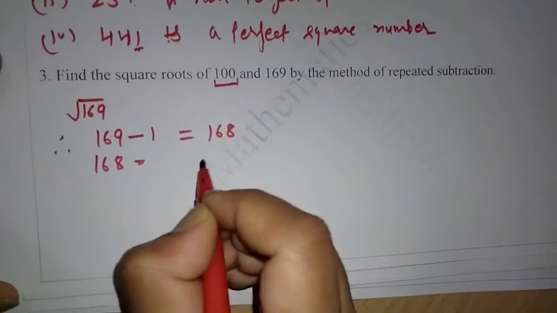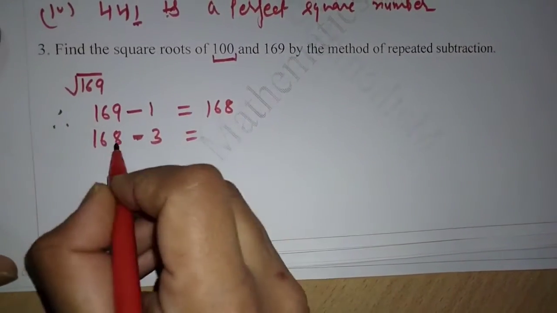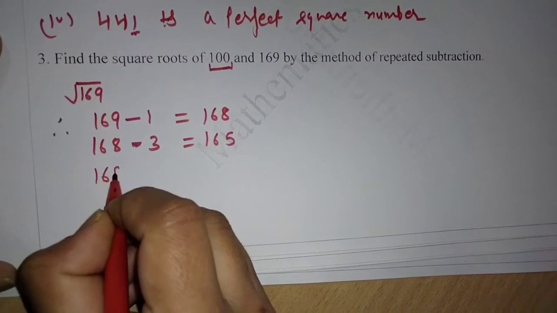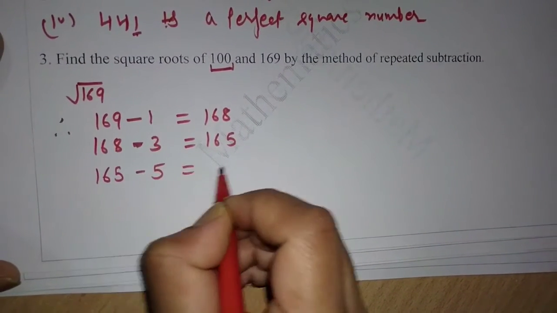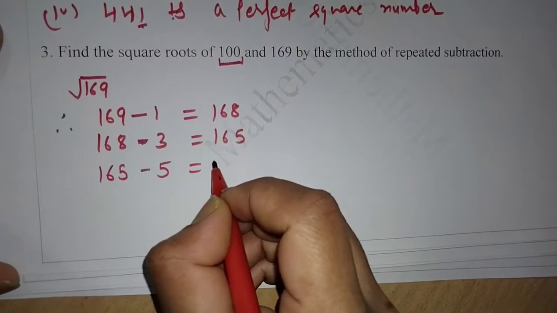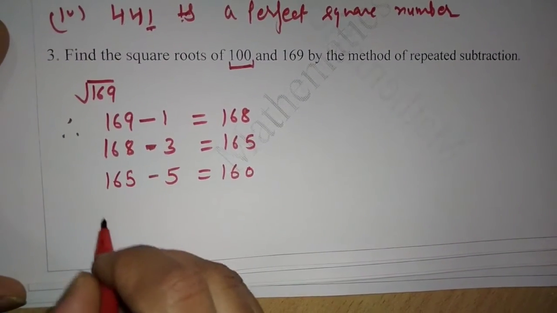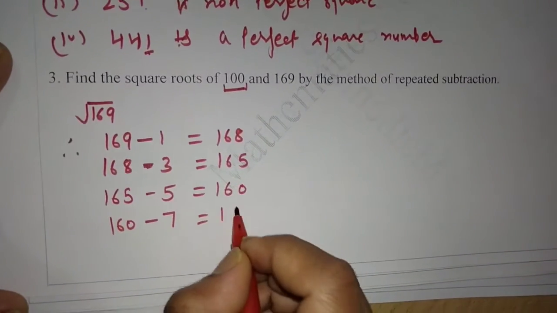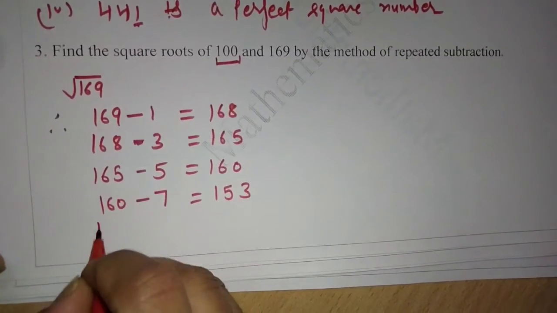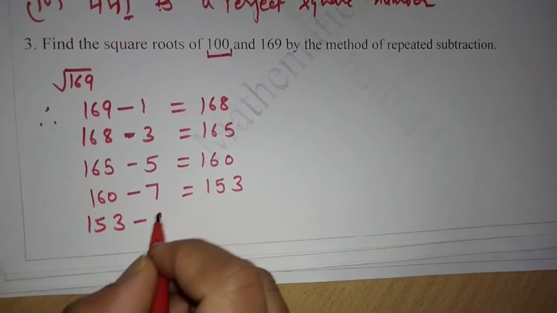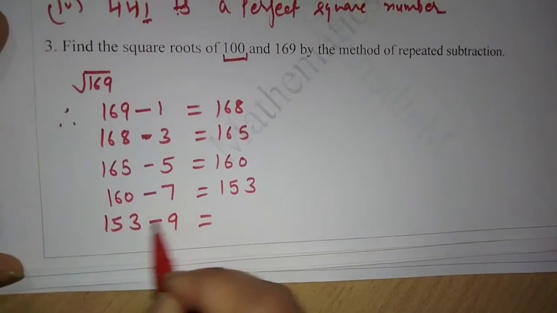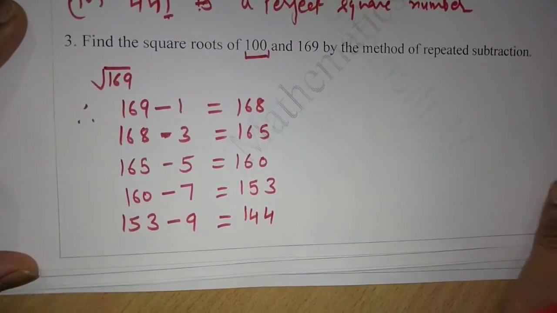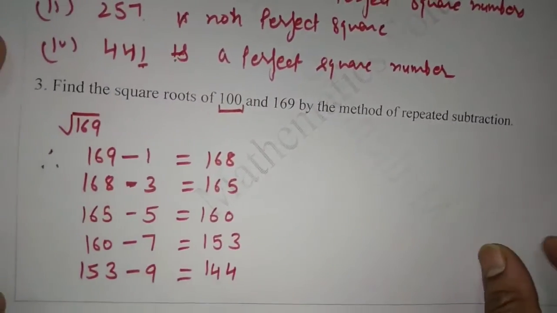Next odd number is 3, 168 minus 3, 165. Next odd number is 5, 165 minus 5, 160. 160 minus the next odd number 7, 153. 153 minus 9, 144.